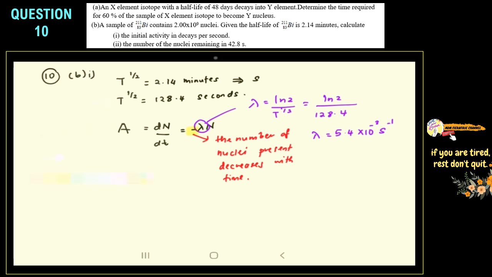Now let's solve for A0, the initial activity. It's equal to lambda N naught.